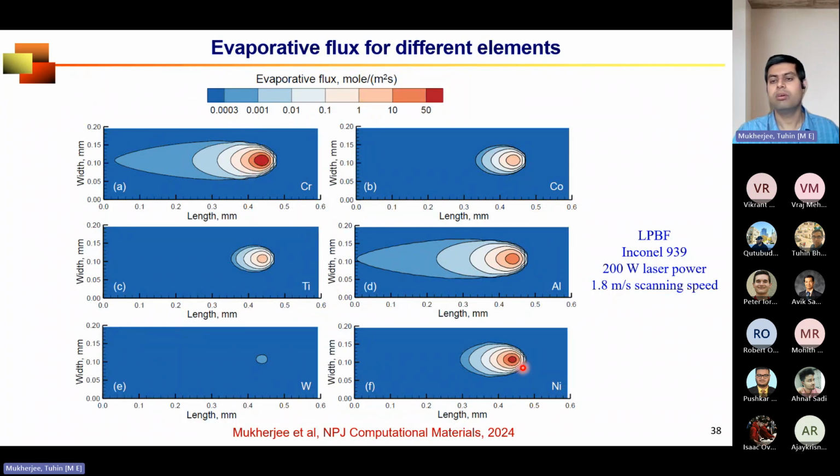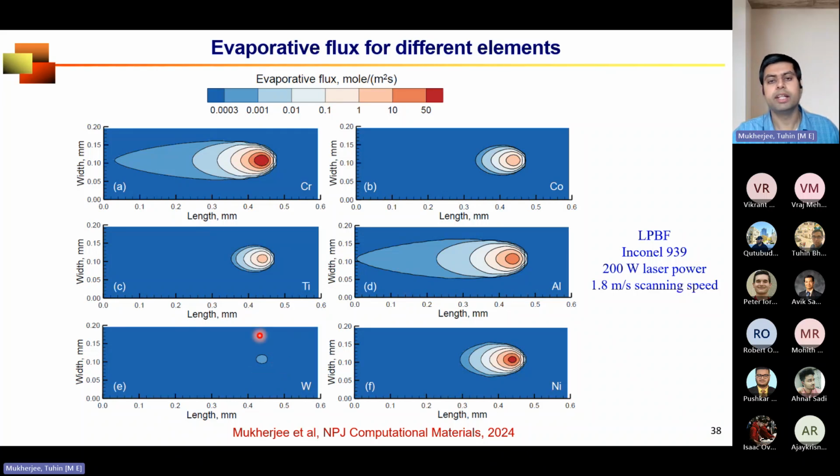Like this, for Inconel 939, which is a nickel-based superalloy, I am just taking the 6 primary alloying elements during laser powder bed fusion. You will see that elements like chromium and aluminum are very easy to evaporate, so their evaporative flux is quite high. But if you think of tungsten, which has a very high boiling point, it practically does not want to evaporate.